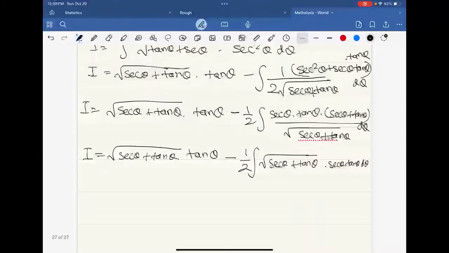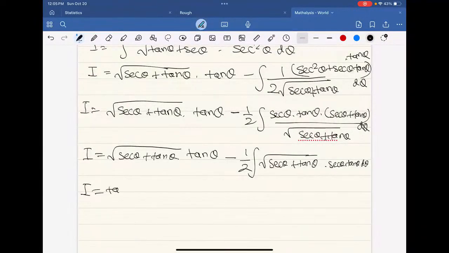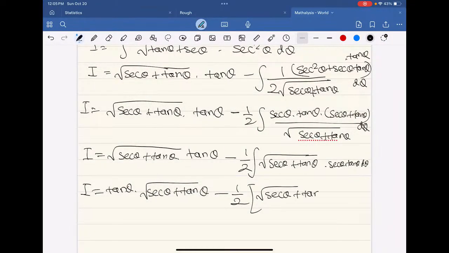Again, let's try to use integration by parts. I think that this is going to be reversed back. So I is equal to tan theta times square root of sec theta plus tan theta minus half of, now its integral will be square root of sec theta plus tan theta, and its integral is just sec theta, right?